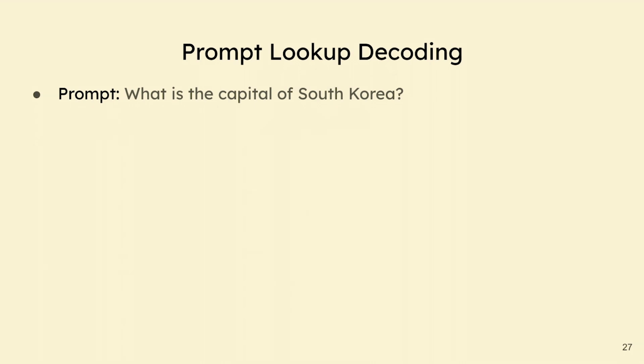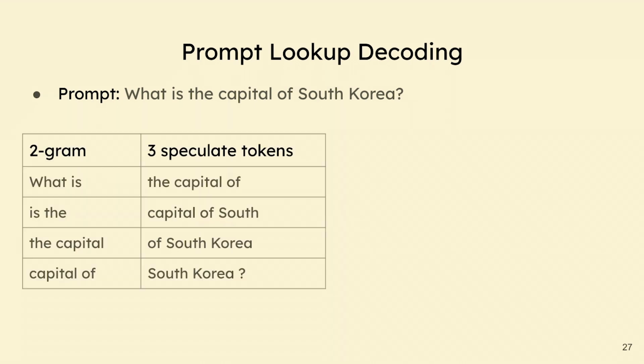The first type of draft-model-free speculative decoding we support is prompt lookup decoding. Let me give you a very quick example. Given the prompt, like "what is the capital of South Korea", we generate all the possible 2-grams and the tokens that follow each 2-gram, like the token after "what is the capital of".